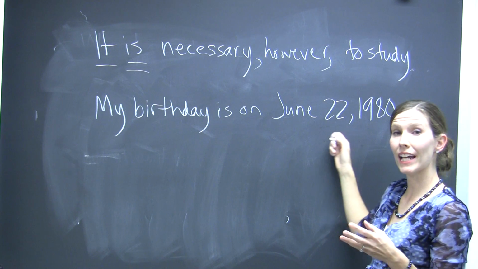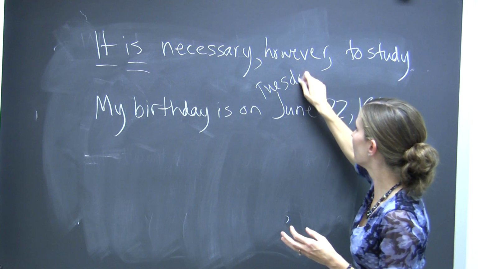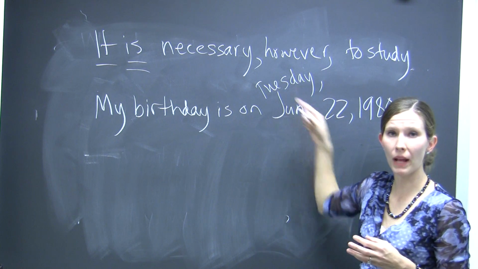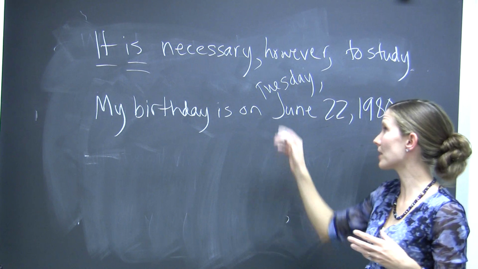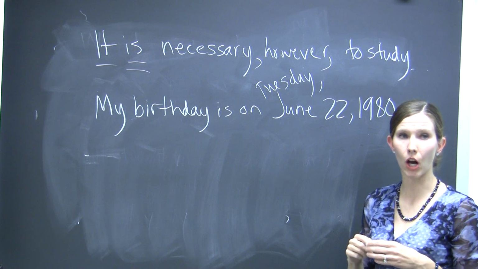And if I had put the day of the week in here, my birthday is on Tuesday, I would also put a comma after the day. So with dates, you separate the day from the month and the date from the year with commas.